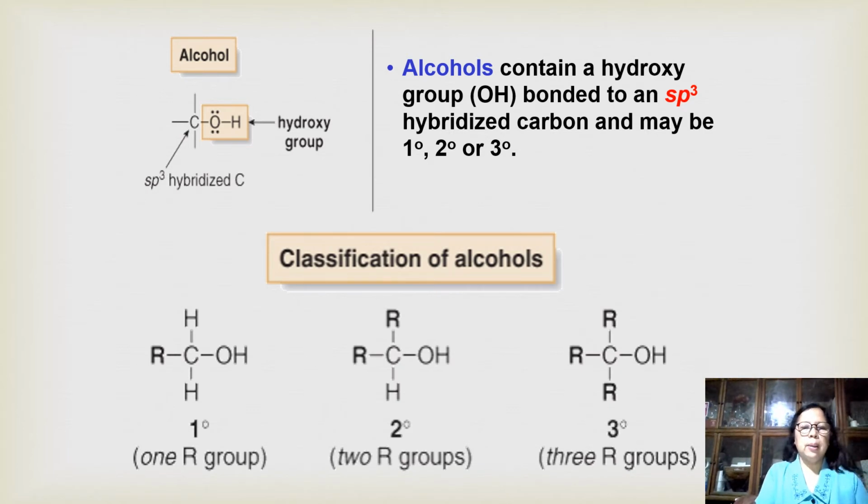Now, because of that, the carbons are classified into primary carbon, tertiary carbon, or the secondary carbon. The primary carbon contains only one alkyl group. Secondary carbon contains two alkyl groups. Tertiary carbon contains three alkyl groups. So primary is to 1, secondary is to 2, tertiary is to 3.